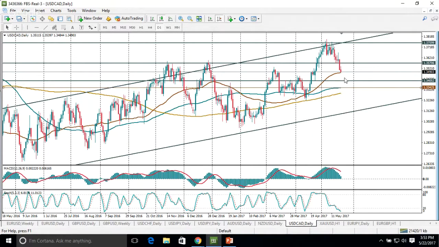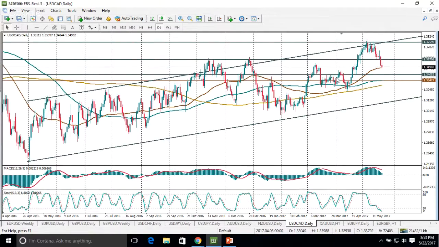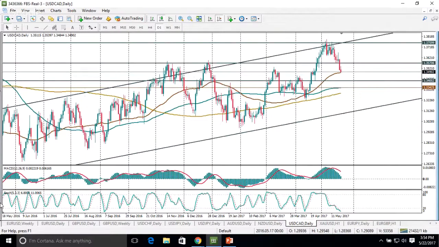Positive expectations of the OPEC meeting and higher oil prices certainly represent a bullish factor for the Canadian dollar and consequently a bearish factor for the US dollar. The pair recoiled up from the upper border of the trading channel, so it's quite reasonable to see that we'll test lower levels in the coming sessions and in the coming days.